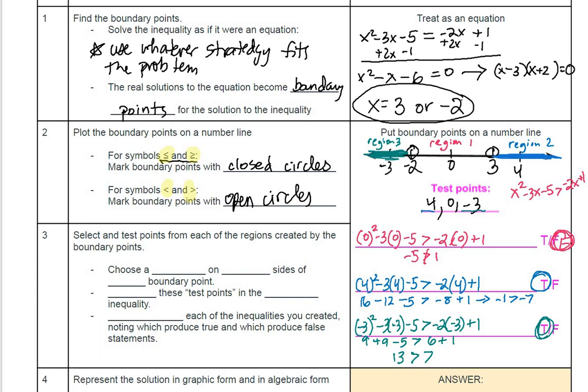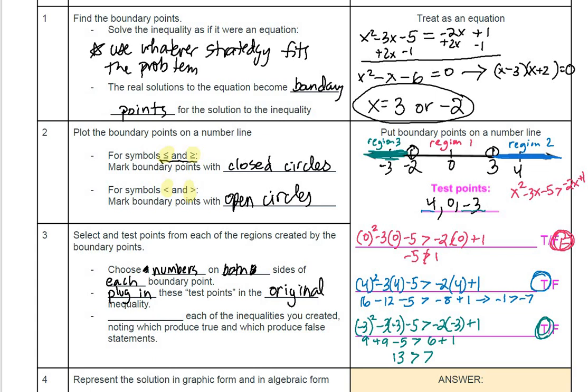So we've chosen numbers on both sides of each boundary point, and we plugged them in the original inequality.